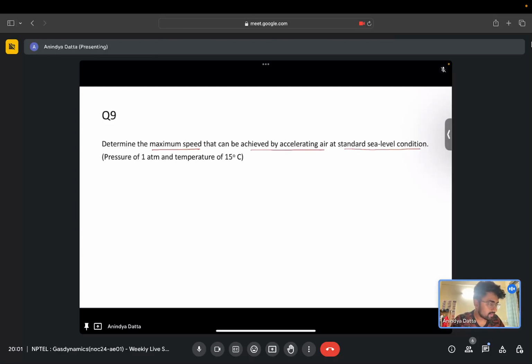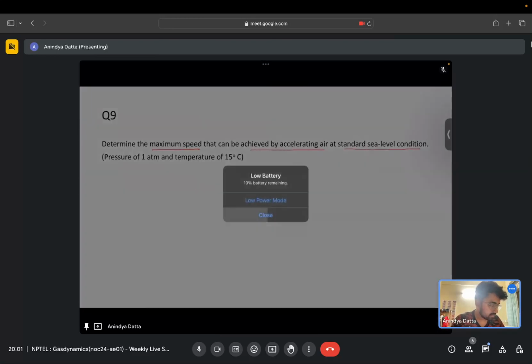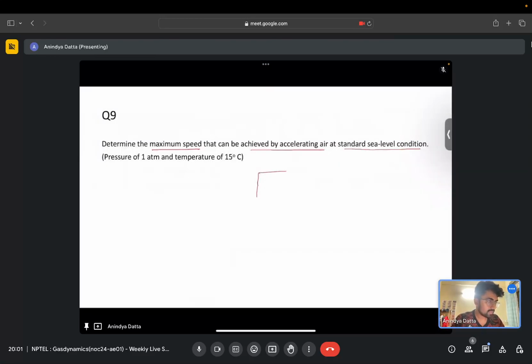So let's say you have air in some reservoir at a pressure of 1 atm and a temperature of 15 plus 273, which is 288, sorry, 298 Kelvin, and you put a nozzle to accelerate it.